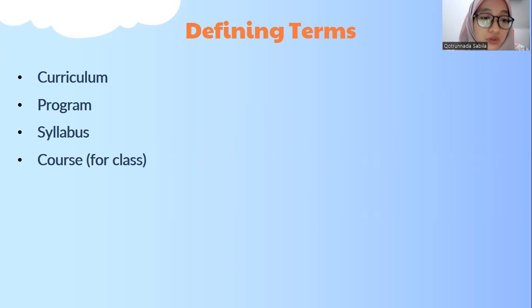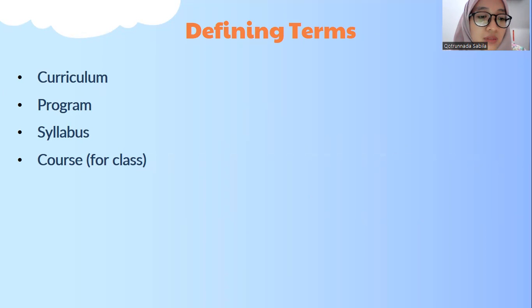The first is curriculum: the selection and structure of the goals, content, sequence, procedure, and assessment of a program or course. And then a program is a broad term describing a collection of classes and courses offered within a single institution, sometimes leading to a certificate or degree.